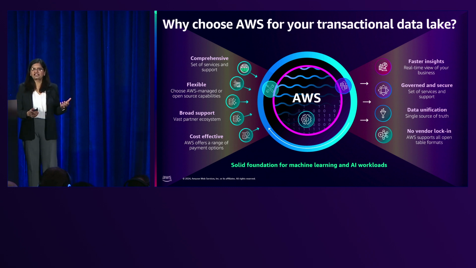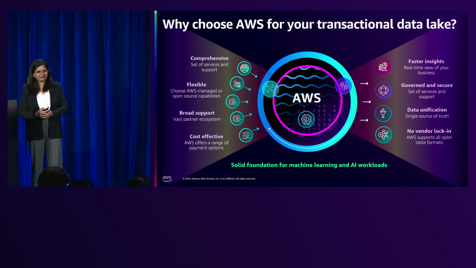These are cost effective because we are continuously working on optimizations and improving the speed. You can get faster insights or real-time views of your business when you incorporate streaming architectures into your transactional data lake.